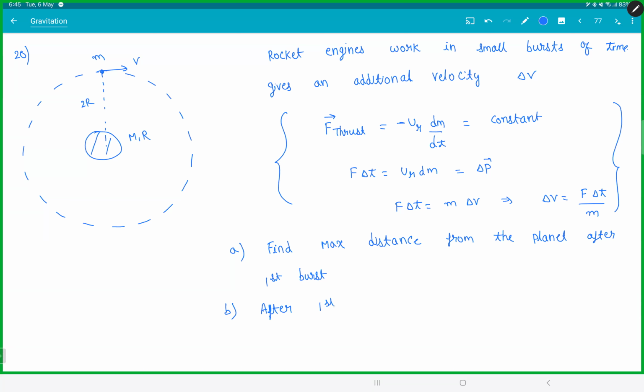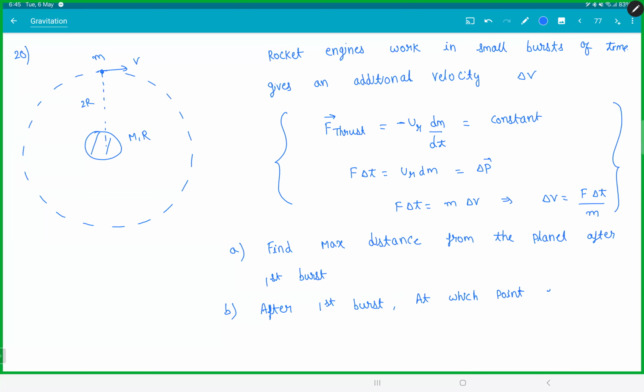So after the first burst, at which point should you start the engine again to get maximum gain in energy? So it matters now. After the first burst, the second burst will matter, like at which point you started the engine. That will give you either more energy or less energy.